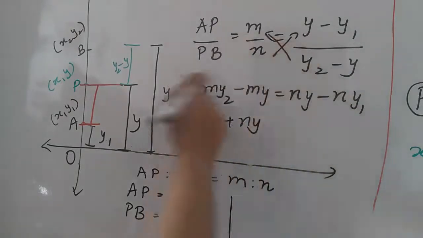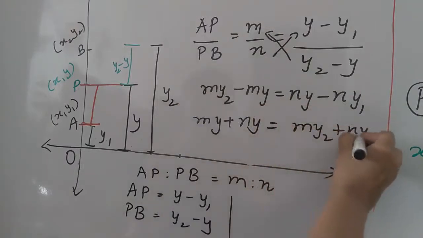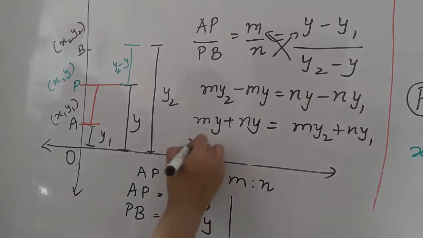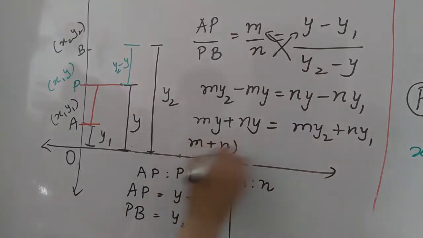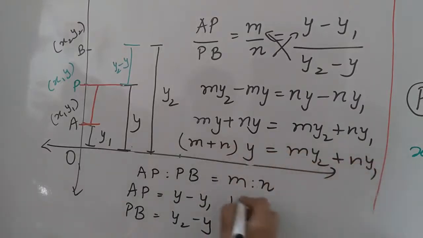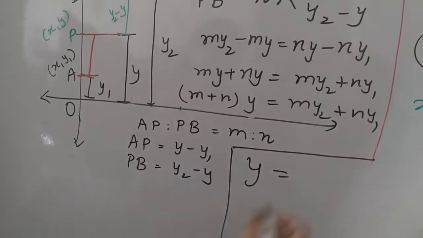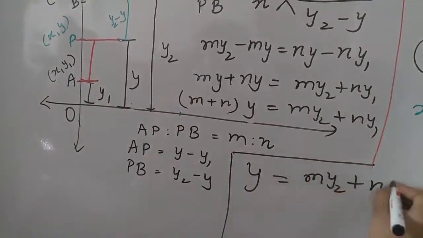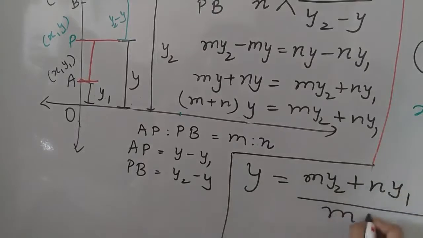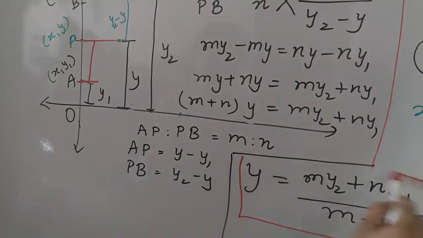Similarly, I take the minus ny1 this side, so here my2 plus ny1. Next is m common from this, m plus n, y common, is equal to my2 plus ny1. So the formula I found here for y is equal to my2 plus ny1 upon m plus n. So this is the y coordinate we found here as our section formula y coordinate.